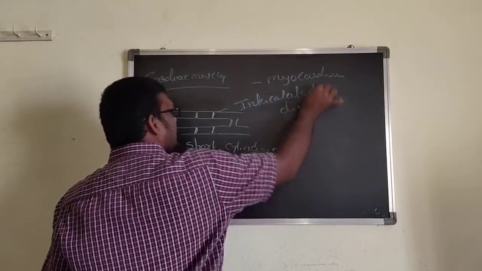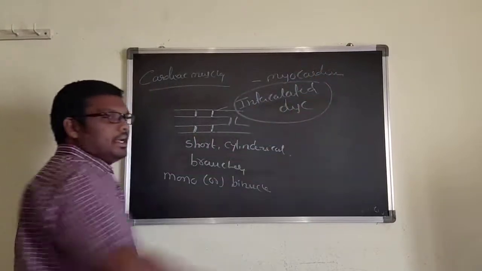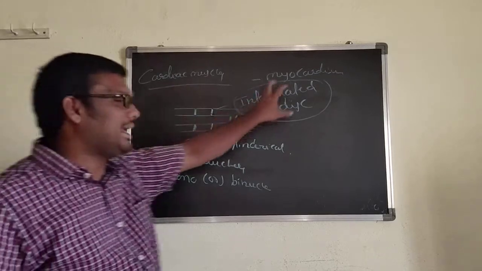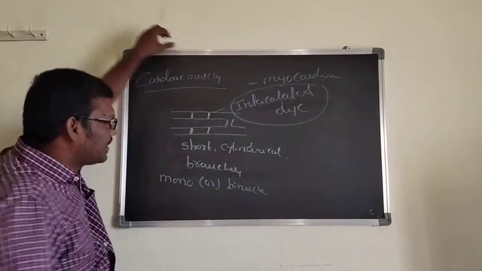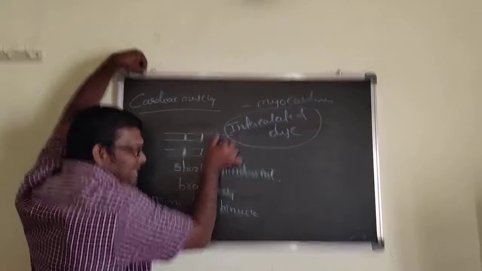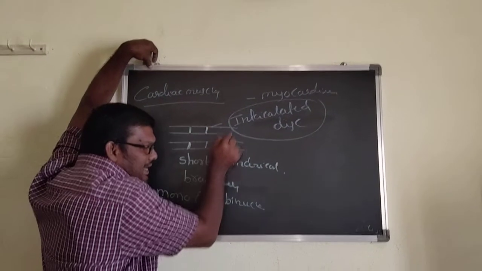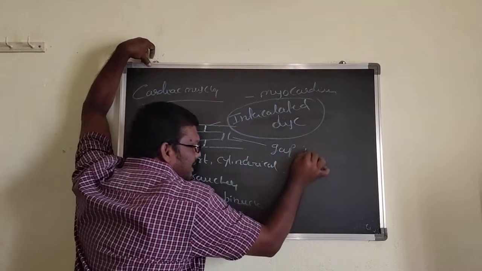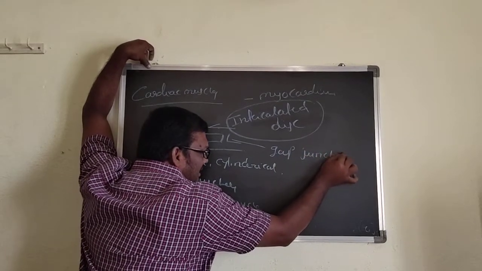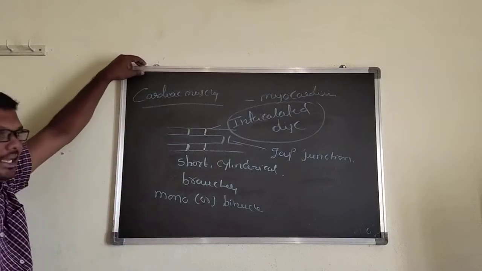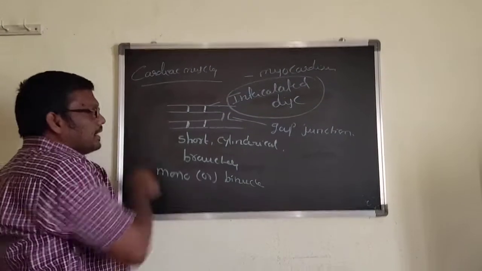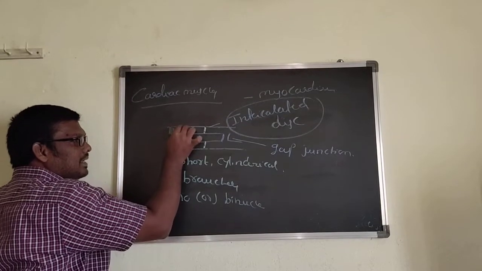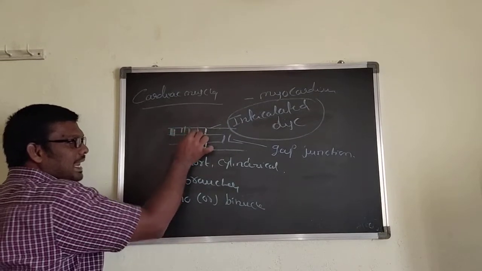What is the use of the intercalated disc? We will discuss later. The specialized unique feature of cardiac muscle is the intercalated disc between two cardiac cells, connected by a junction. That junction is called a gap junction.